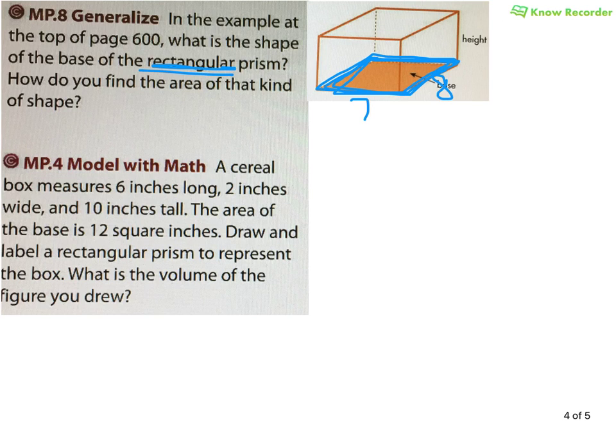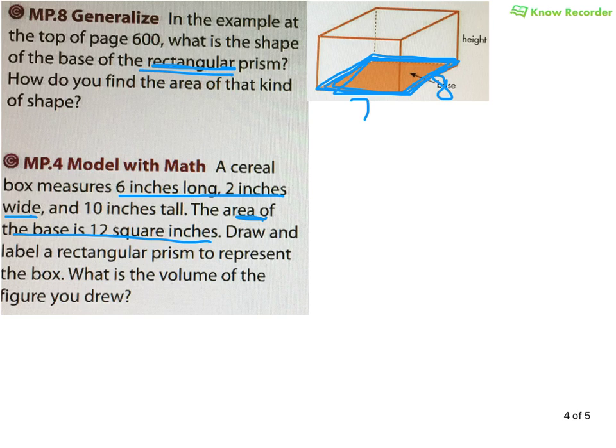A cereal box measures 6 inches long, 2 inches wide, and 10 inches tall. They say that the area base is 12 square inches. Now, a lot of kids, when you go to figure this out, are going to try to use all 4 of these numbers. There's no need, because, first of all, volume can only have a max of 3 numbers to be placed in.